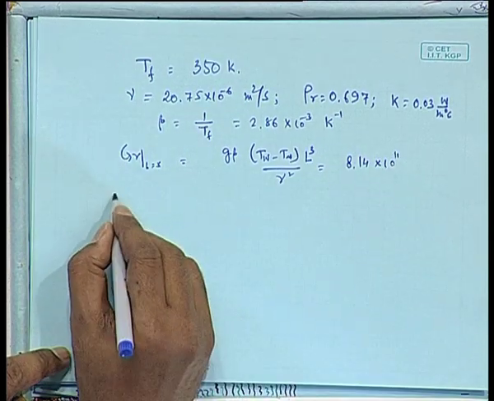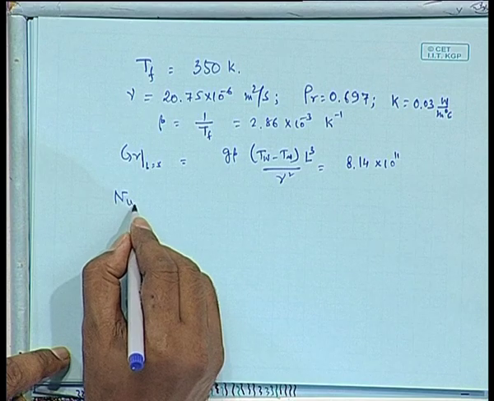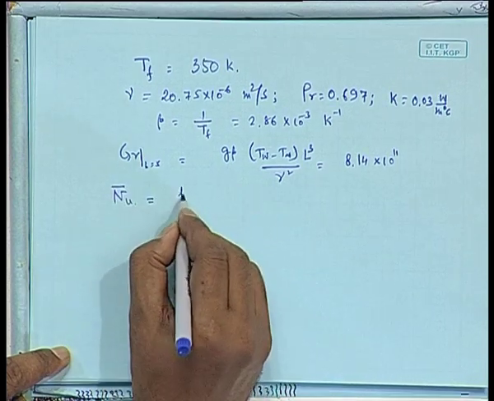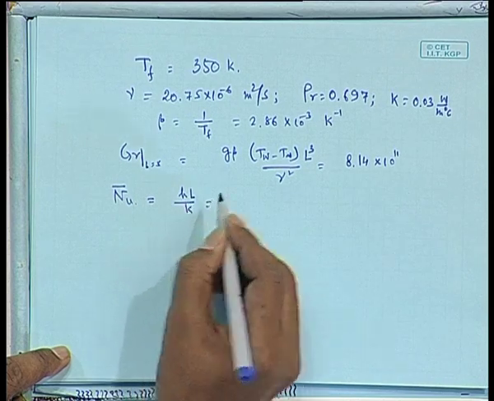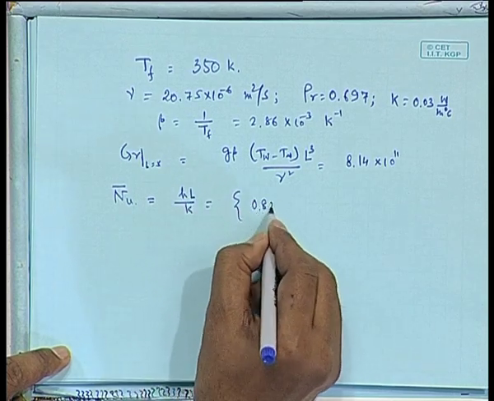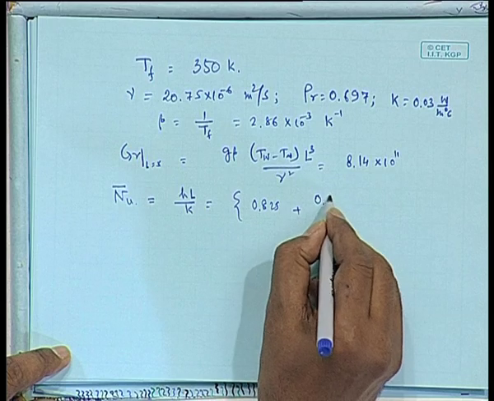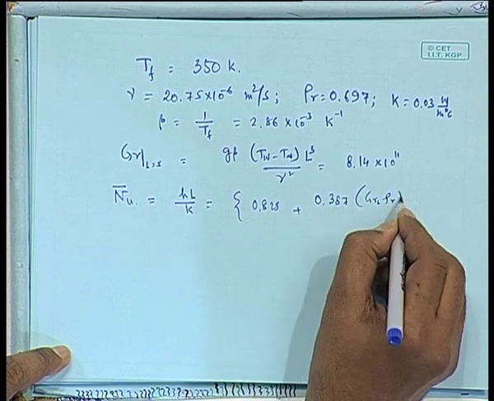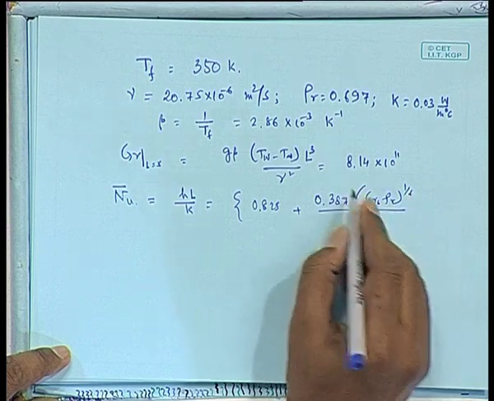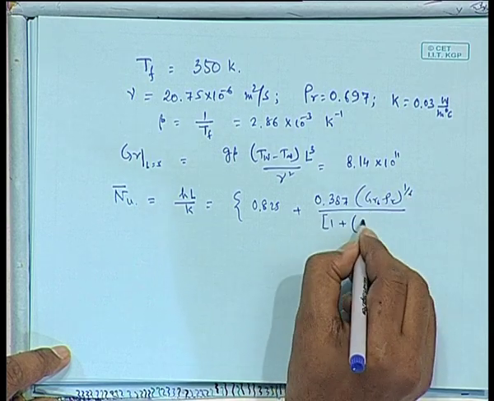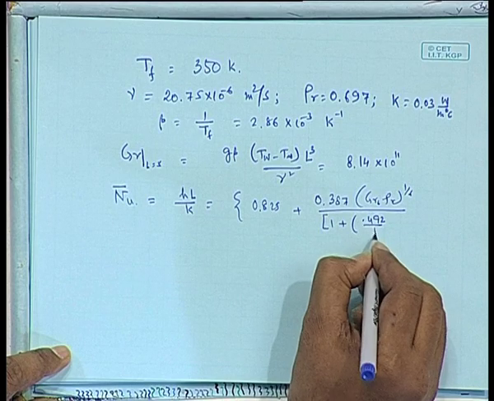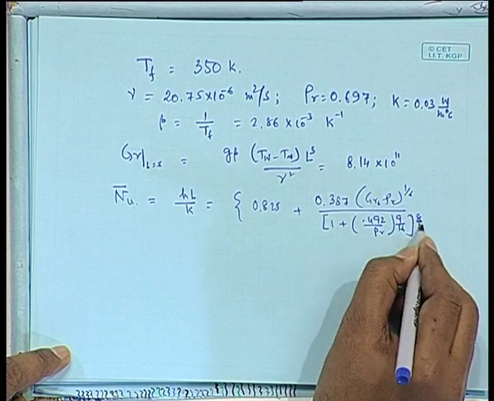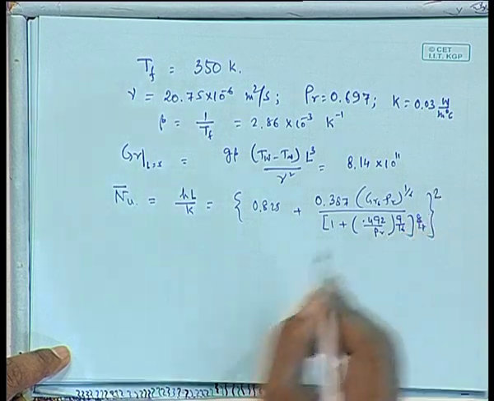Then you go back to the correlation of average Nusselt number for the vertical plate, and that will be 0.825 plus 0.387 (Grashof Prandtl) raised to the 1 upon 6, divided by [1 plus (0.492 by Prandtl) raised to the power 9 by 16] whole raised to the power 8 by 27, bracket close, square.